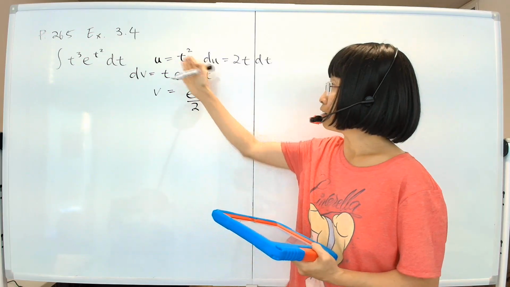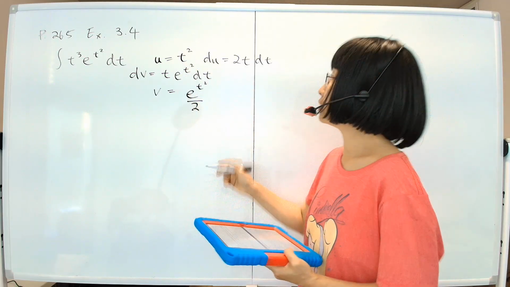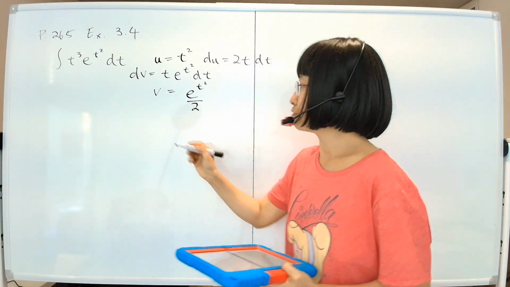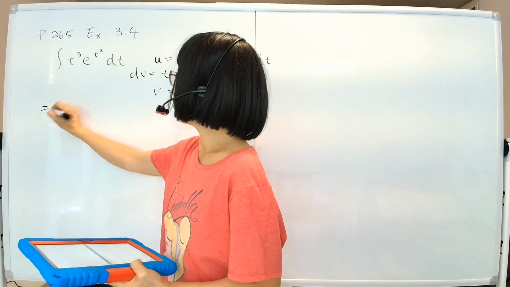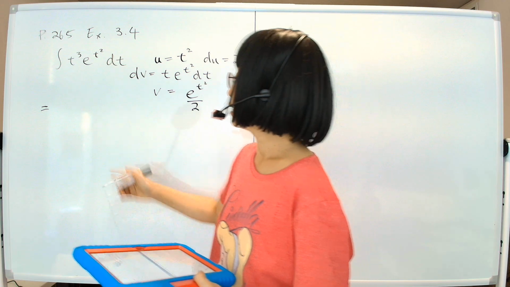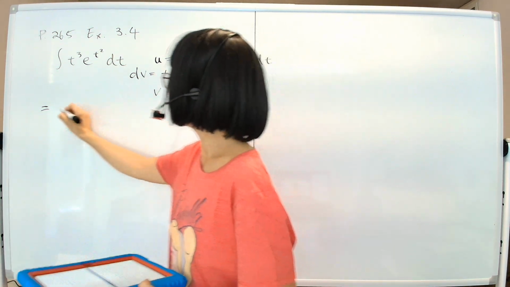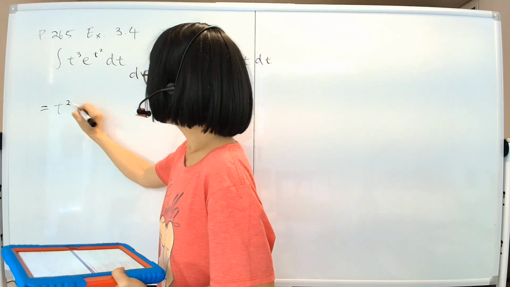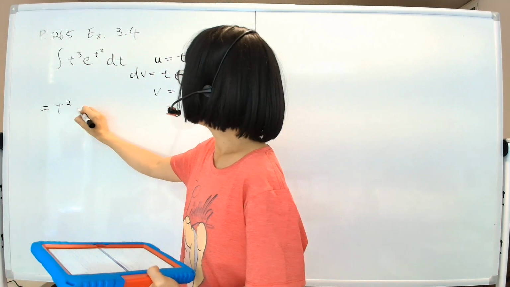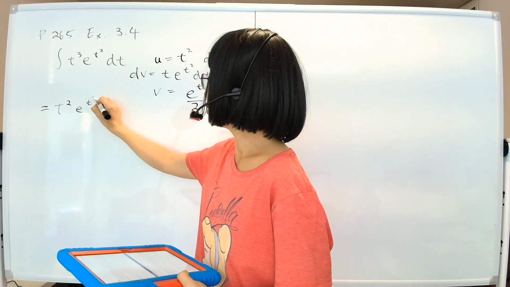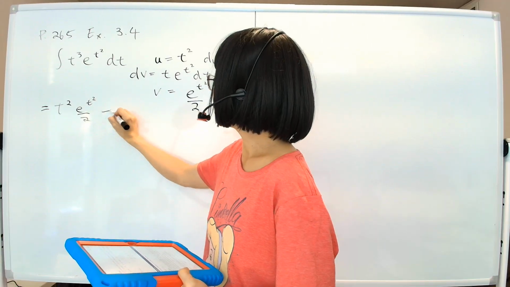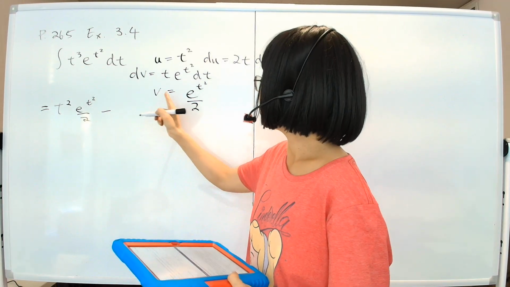So now we've got all the parts together, and we follow the formula. The formula for integration by parts says we take u times v, where u is t squared and v is e to the power t squared over 2, minus the integral of v du.